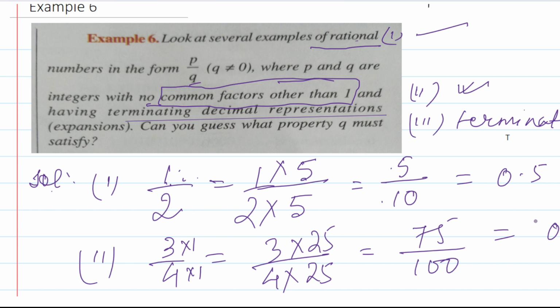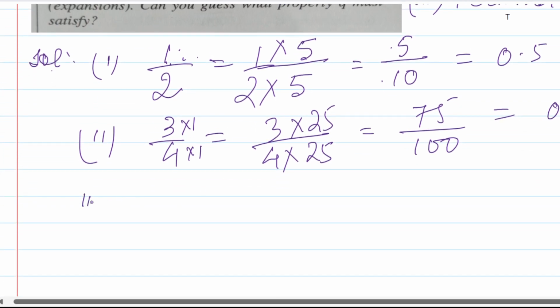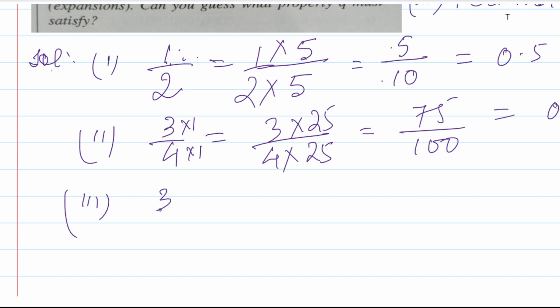Okay, is it clear? Let's take some more examples. Example 3. 31 by, take any number, 25. So this is 31 into 1, and 25 is 5 into 5 into 1. That means the first condition is satisfied, and the second condition is satisfied. First condition is this is p by q. Second condition, yes, 1 is the only common factor, because we do not have more than 1 as a common factor.